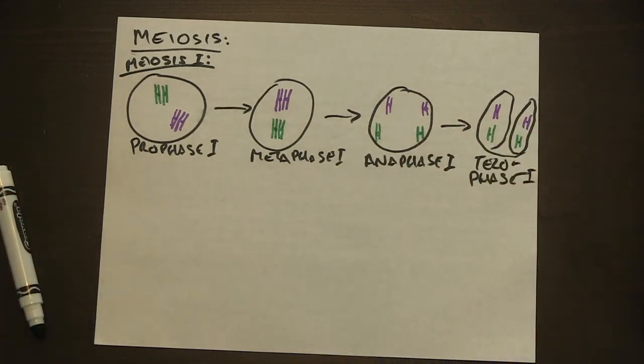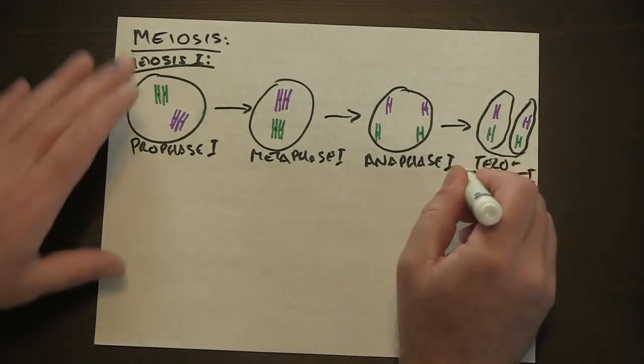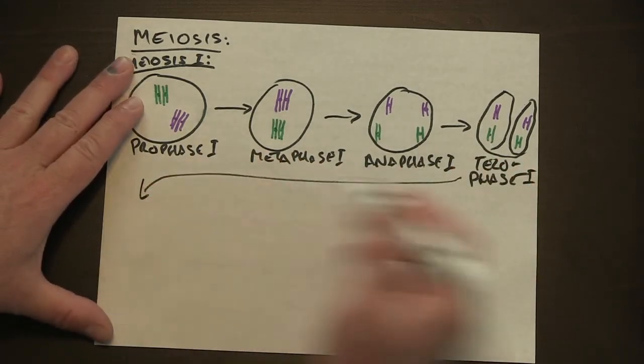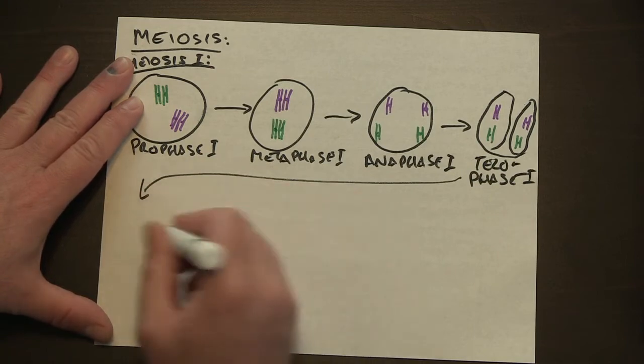Okay, now each one of those cells goes into meiosis 2. So we start with 2 cells, and I'm just going to use one of these, right?